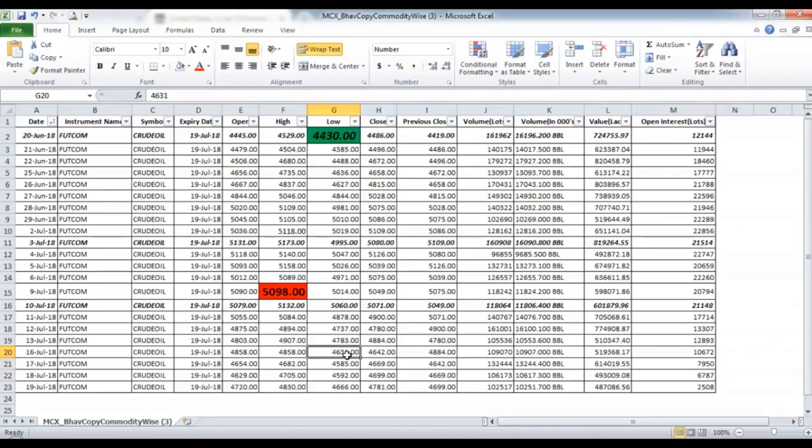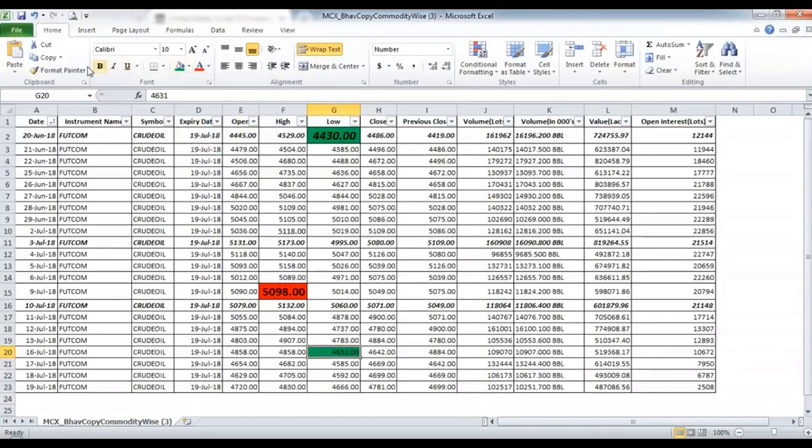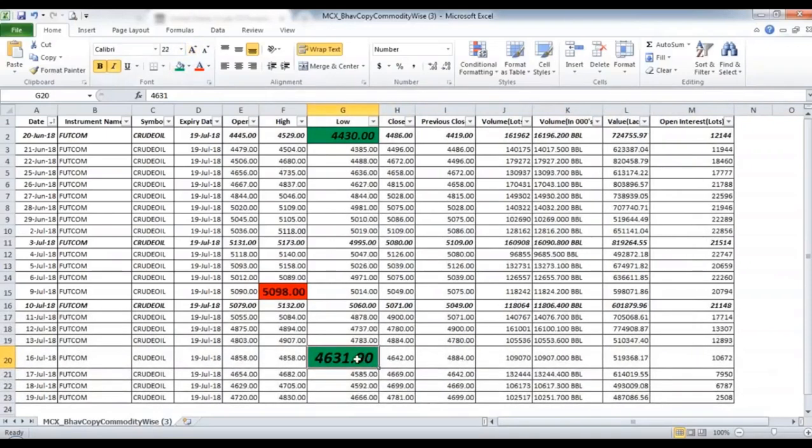Now, when it formed a support, it went below this and closed above this, so this can be marked as a support. So this support is higher than this support, right?